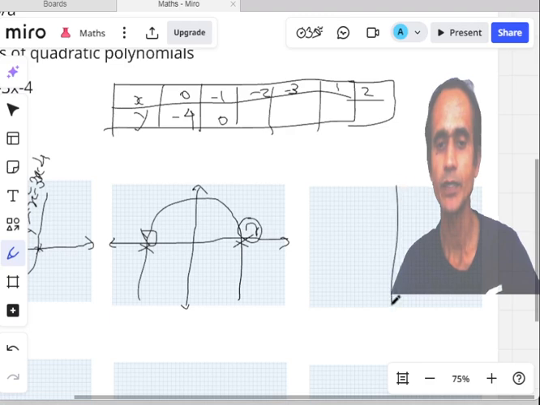But we can have a graph where this parabola meets x-axis only at a single point.